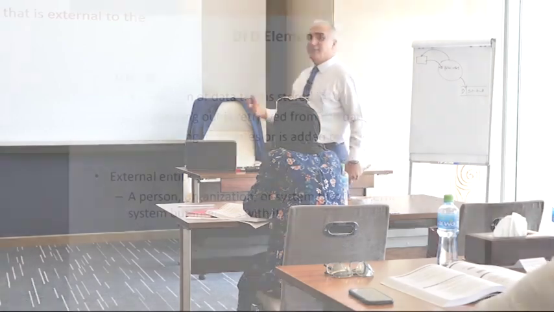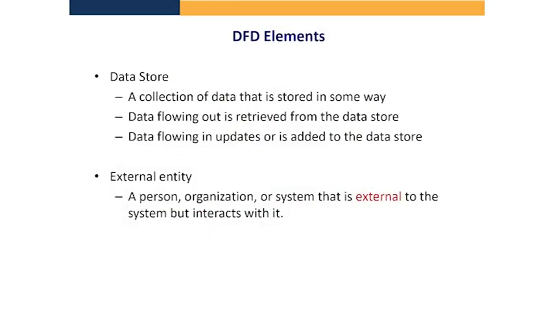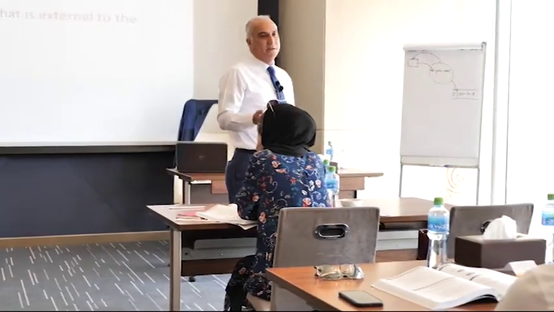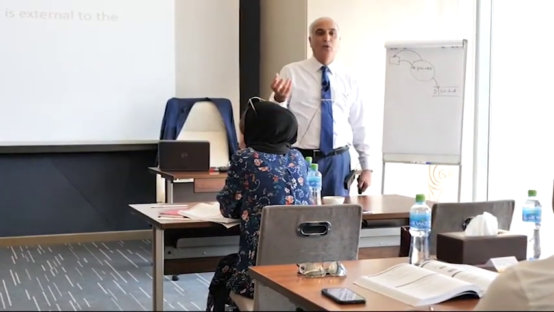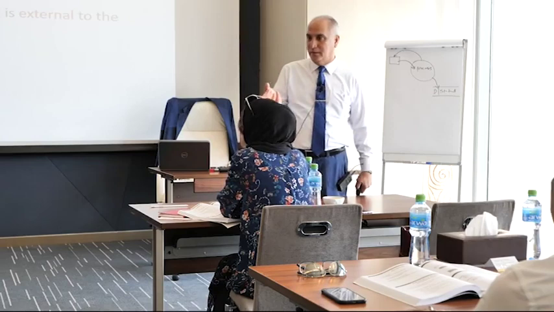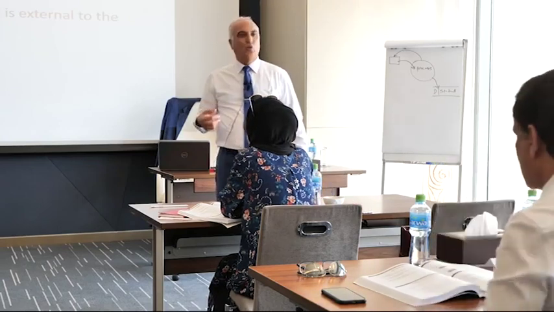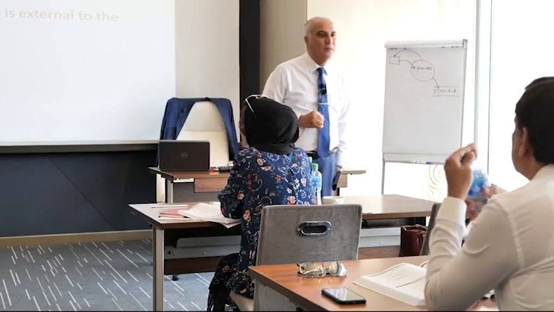The external entity could be a person, which is a student. It could be a university, a government organization, a supplier. It could be GPRS in this case. In Uber, it's very important. They need to get what? The GPRS, your location. So one of the external entities for them is what?